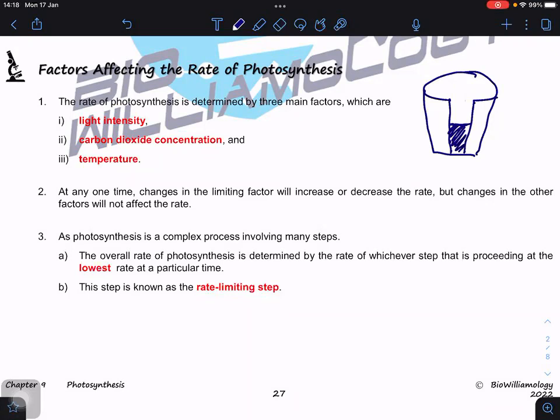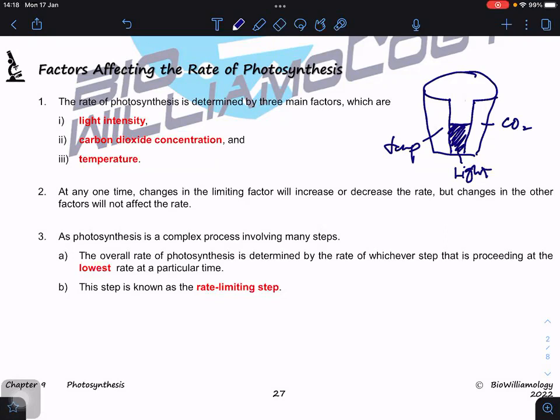Okay. So let's say this is the light intensity, this is CO2 concentration, this is temperature. No point you increase the CO2 concentration and temperature if the light intensity remains the same. The volume of the water now depends on who? It depends on the one that is in the shortest supply. Are you clear?